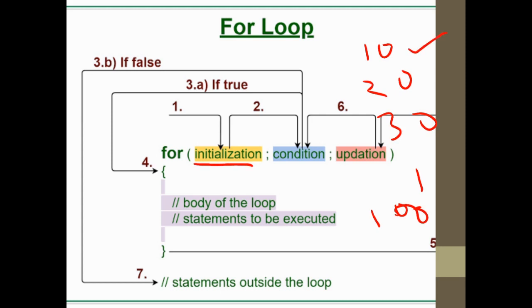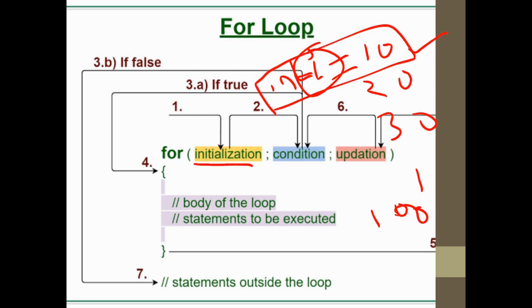So here you initialize your variable, let's say i, to 10. And yes, you need to give the data type of that variable also, the integer type, so int i = 10. This is the statement to initialize the variable.